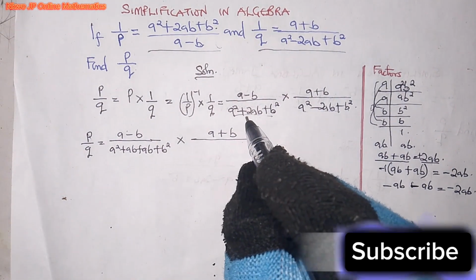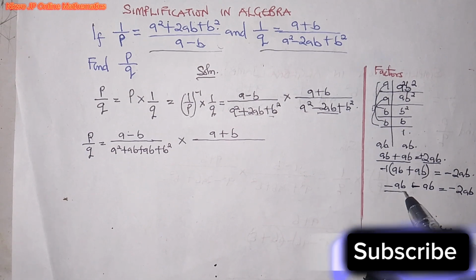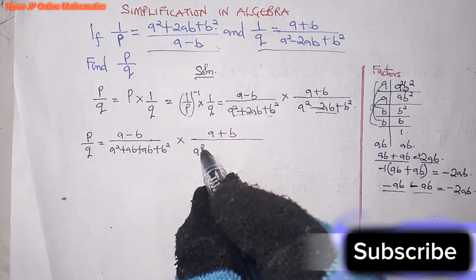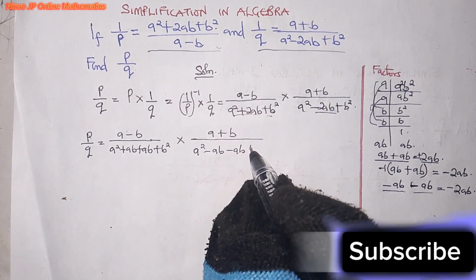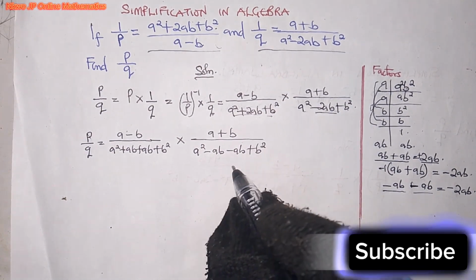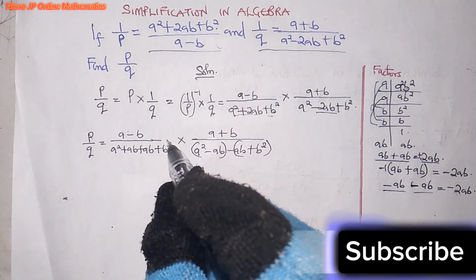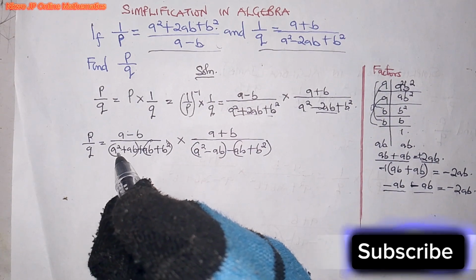So in place of this minus 2ab, we are replacing the minus ab. So this becomes a square minus ab plus b square. So now we have to group each. So if we group them up, then we continue to simplify.